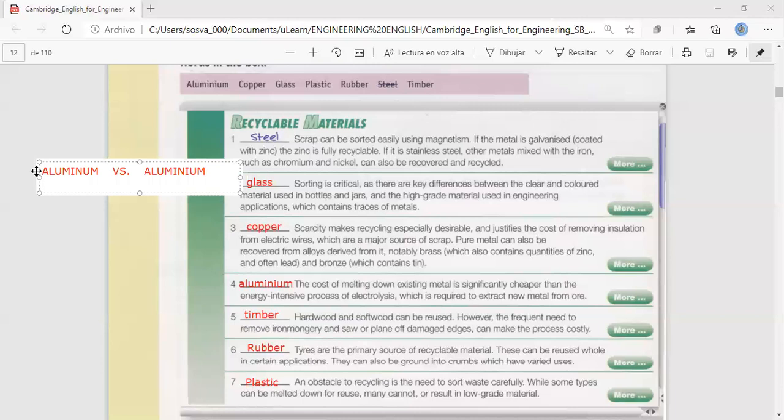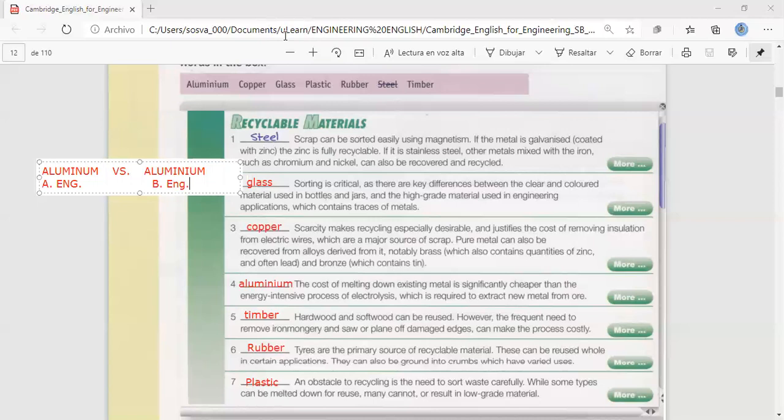Well, aluminum is American English, and aluminium is British English. That's the only difference, okay? Good. So for you to know the difference. Great.